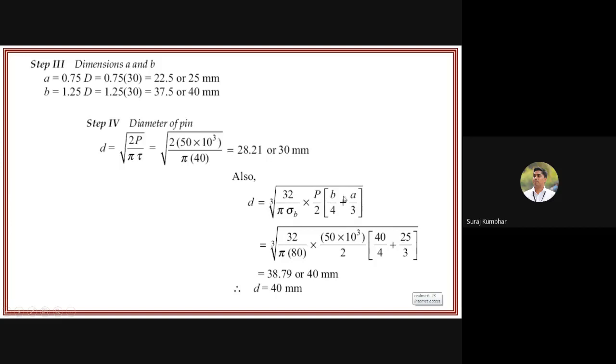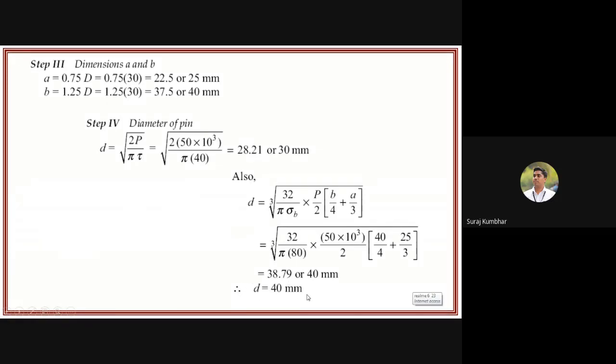Then we put A and B, already found out as 25 and 40. Put all those values and do the calculation, then you will get small d, which is 40 mm. Now which one is the maximum? Under shear consideration, d is equal to 30 mm, and under bending consideration, d is equal to 40 mm.